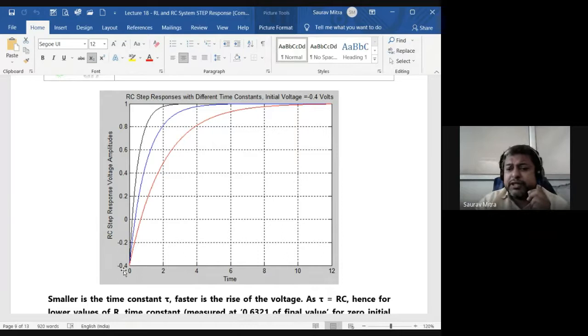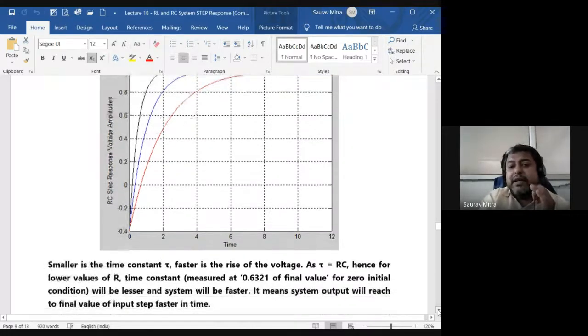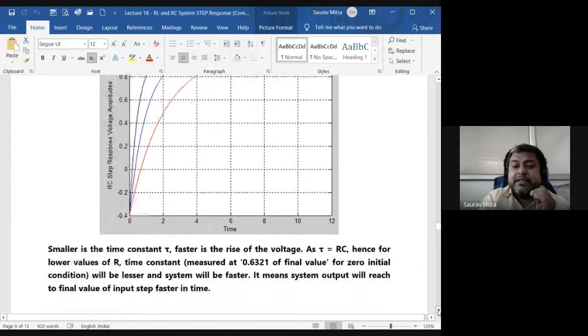Though the final voltage across the capacitor will be equal to 1 volt, that 1 volt is building up from minus 0.4. It is not building up from 0, because initial voltage in this case we are assuming as minus 0.4. So this is how the V0 thing is changing the look of the graph. But everything said and done, black is the fastest and red is the slowest.